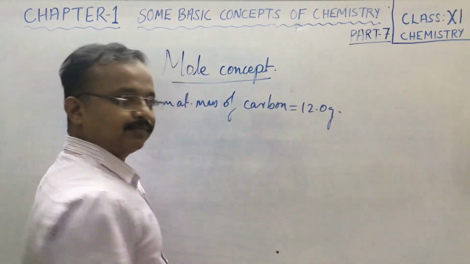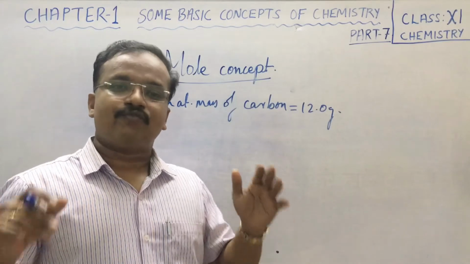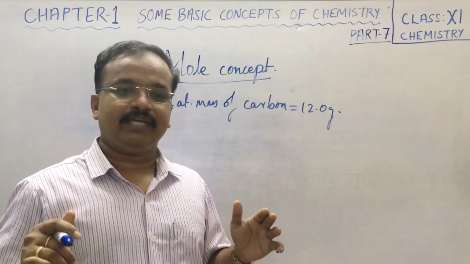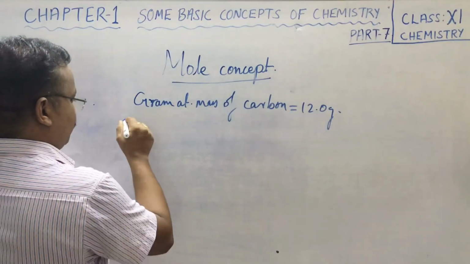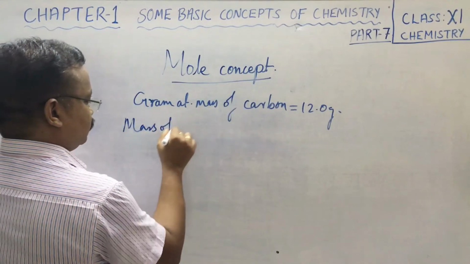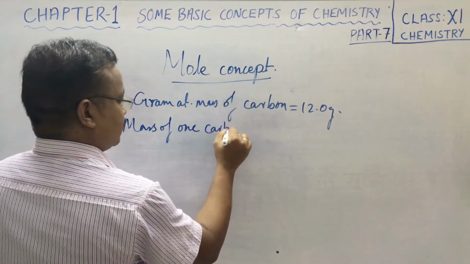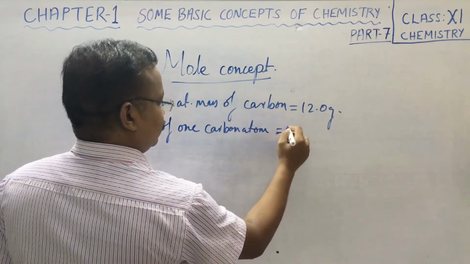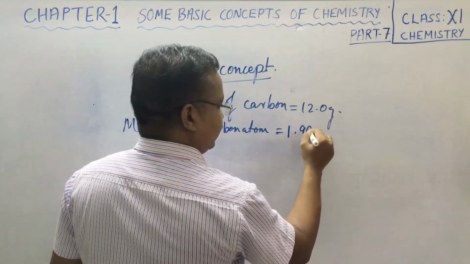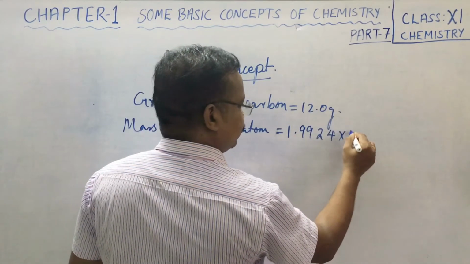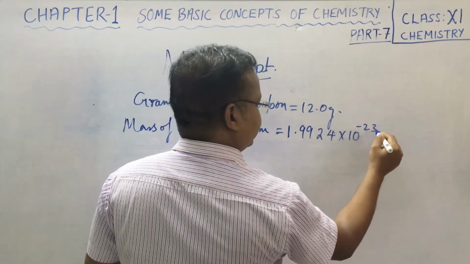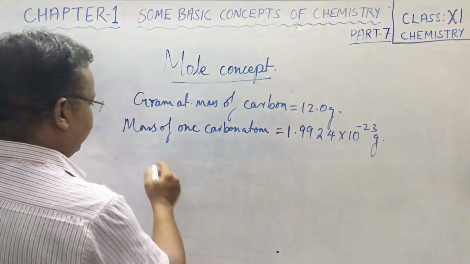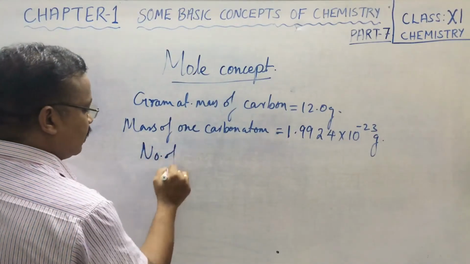12.0 gram. Okay, and the mass of one atom of carbon has been estimated to be 1.9924 into 10 raised to minus 23 gram. So children, from these two values we can find the number of carbon atoms.